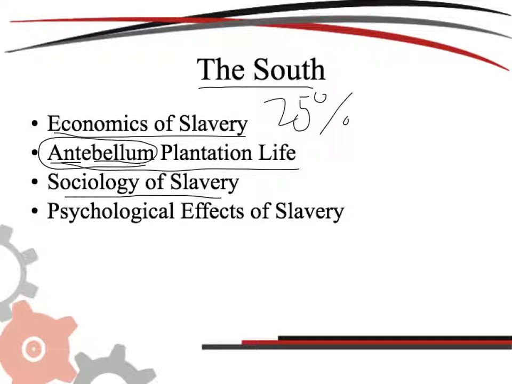The United States was the only slave society in the Western Hemisphere whose slave population grew by natural increase. So even after the slave trade was gone in the United States, the slave population still grew because slaves were reproducing.